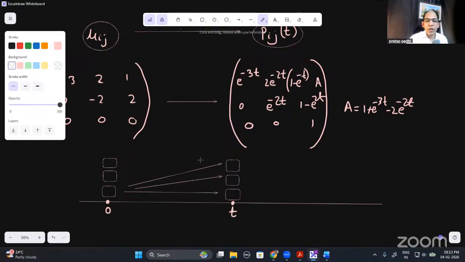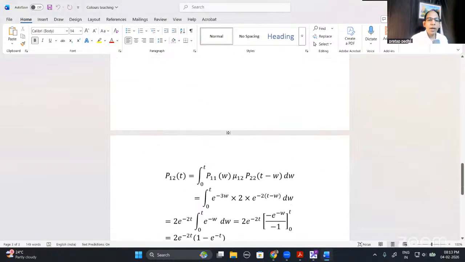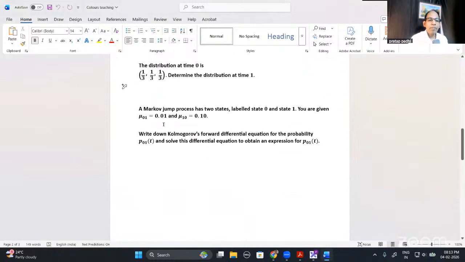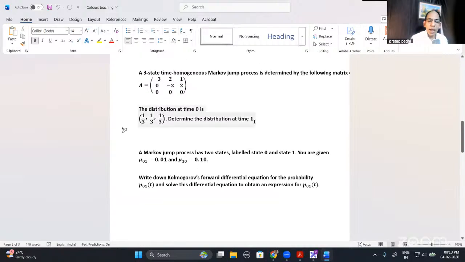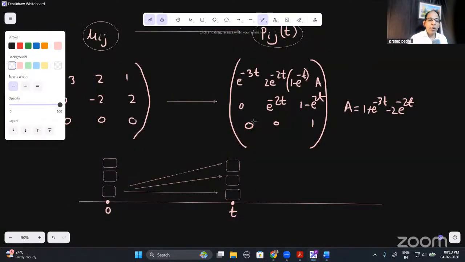But if you see the question, it was given: determine the distribution at time 1. If you want to find time 1, we already have the probabilities here, 1 by 3, 1 by 3, 1 by 3.